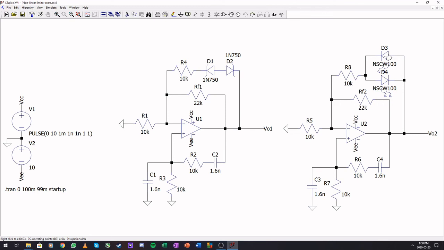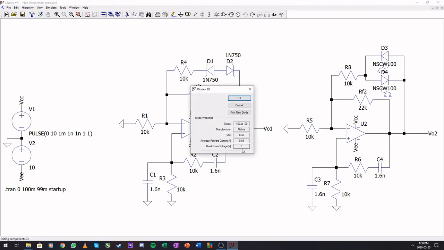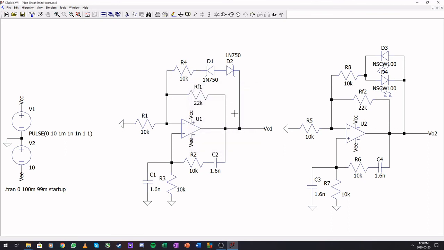So we should see plus minus 2.5 volts at the output for these LEDs. We open this. That is the breakdown voltage, so it won't limit to 5 volt. That is when the LED breaks. But so the limiting here plus minus 5.4, the limiting here plus minus 2.5.